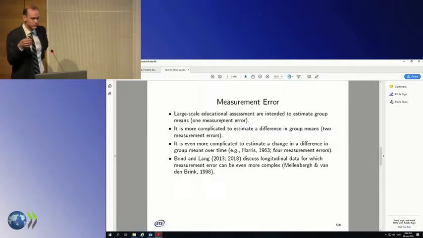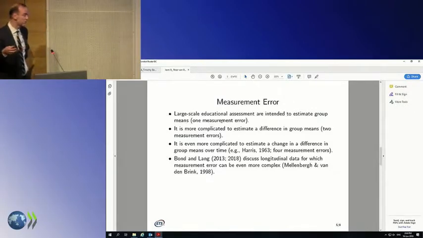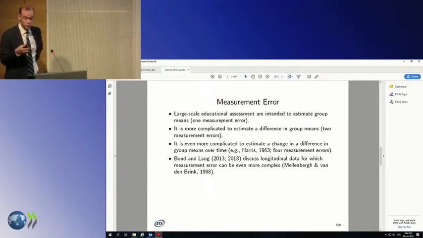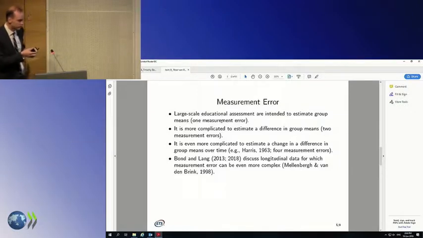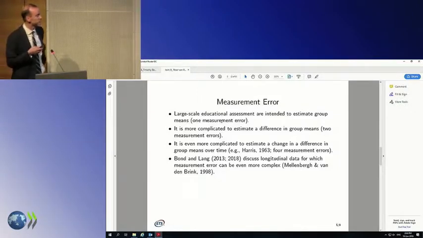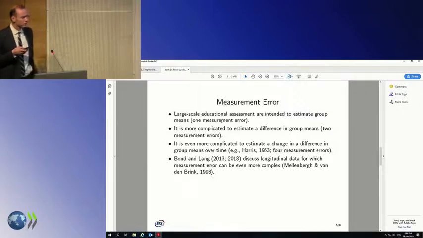You actually measure people, as far as my knowledge goes about ECLS-K, with the exact same instrument in a couple of grades, where you also should, for example, take into account that there's an autocorrelation between the measurements. And to my knowledge, I don't think that is being taken into account in the scaling of the ECLS-K, at least.